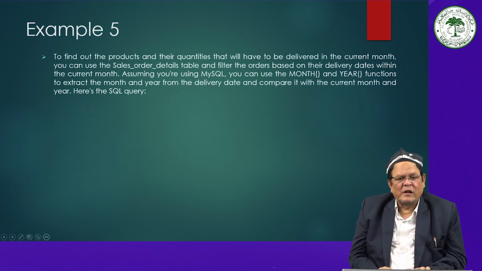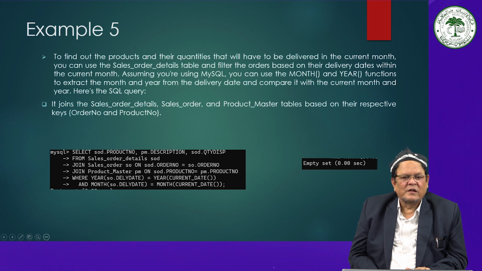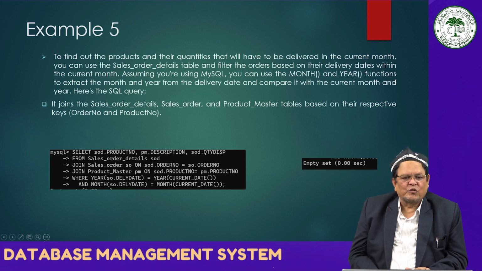So how will you solve this? For that you have to write a query in MySQL: select product number from SOD and description from product master, comma, quantity displayed from sales order.